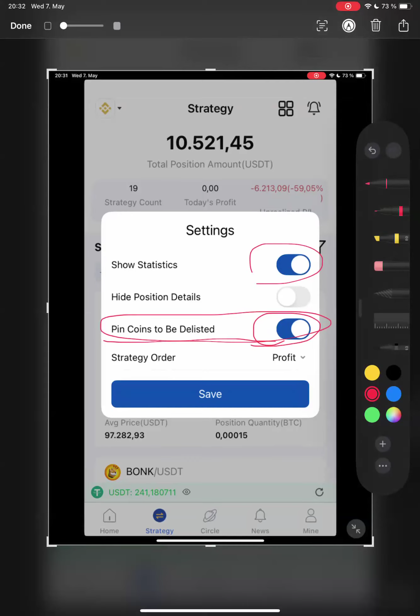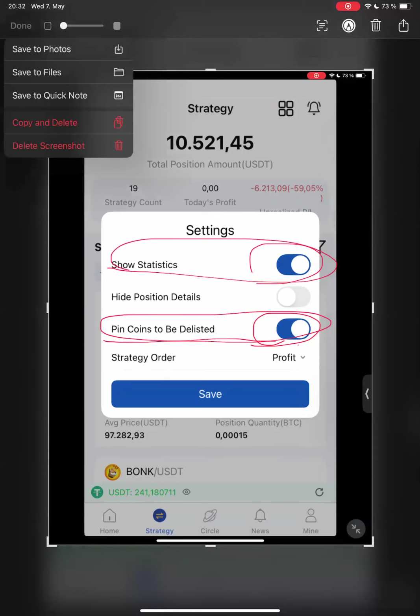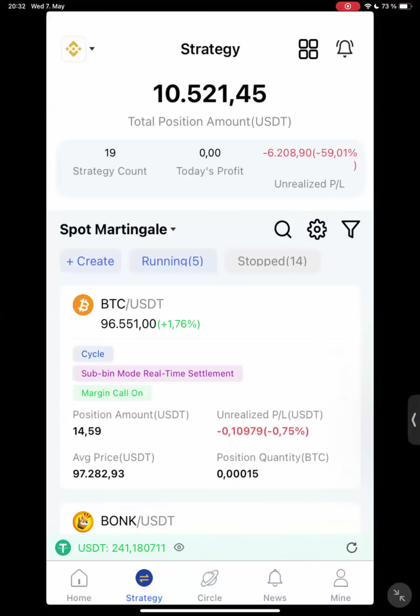If a coin is being delisted, you will not be able to get an alert, or you won't be able to get the notification on the coin. So just make sure that button is on, and show statistics too should be on. So you'll be able to see your total amount in your trades.